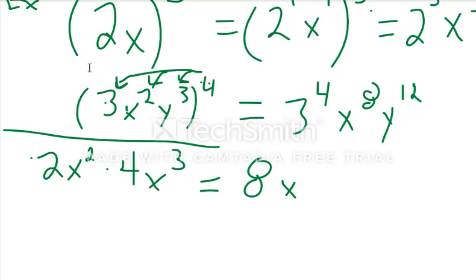So we have 8x to the 2 plus 3 power, which will end up being 8 times x to the 5th power, since 2 plus 3 is 5. All right, multiplying, we add our exponents.